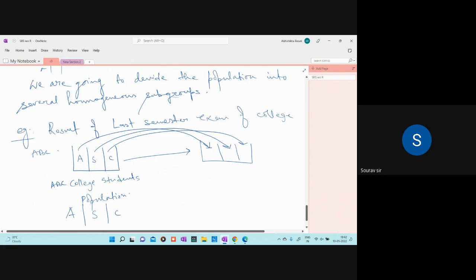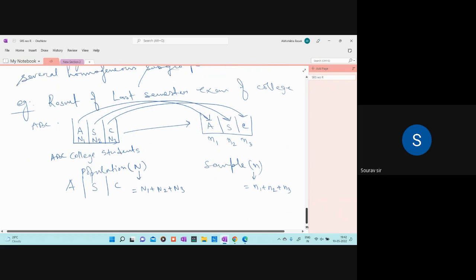Suppose the total population size is capital N, the total sample size is small n, and the subsample from arts is n1, from science is n2, from commerce is n3. The population size of arts is capital N1, of science is capital N2, of commerce is capital N3, such that N equals N1 plus N2 plus N3, and small n equals small n1 plus small n2 plus small n3.